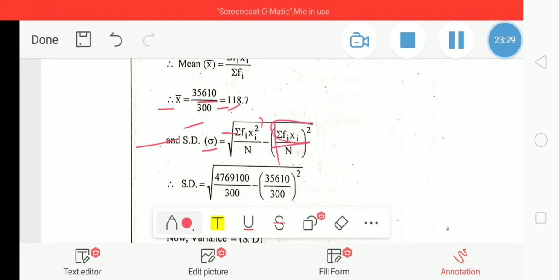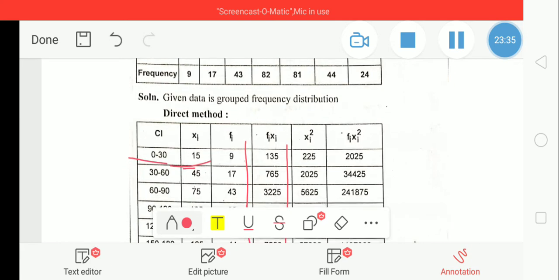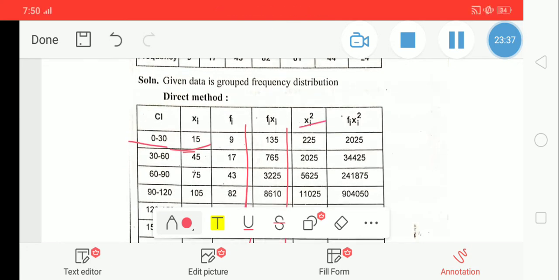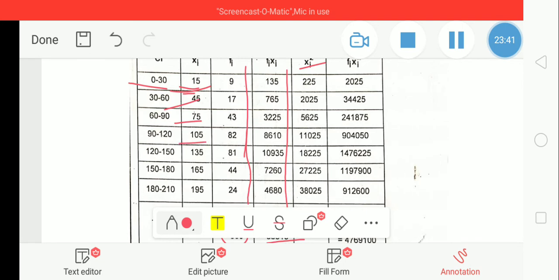So first finding xi square and multiplying by fi. So finding xi square: 15 square, 45 square, 75 square, 105 square, 135 square, 165 square. That is the square of xi, and multiply by fi.